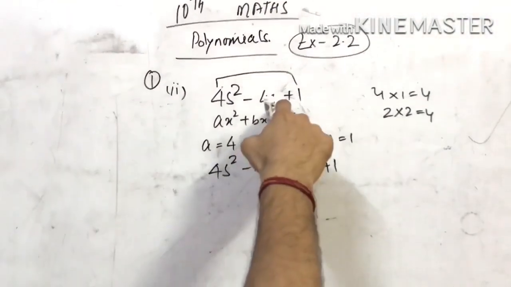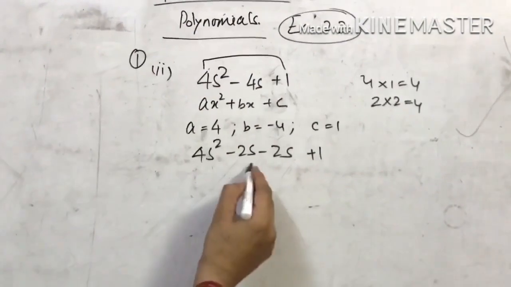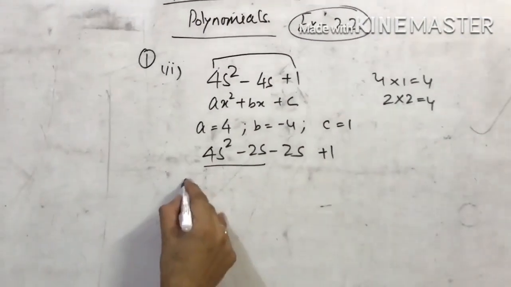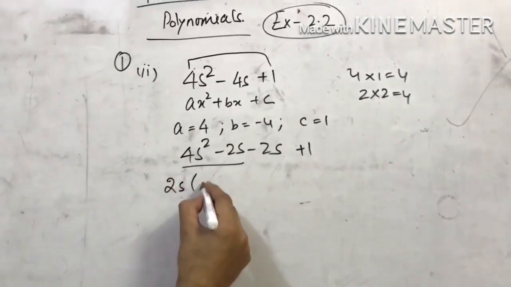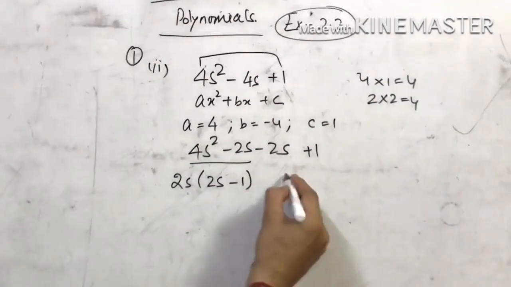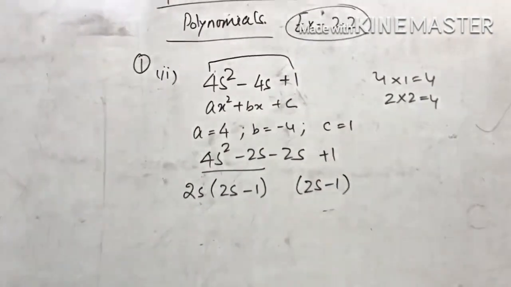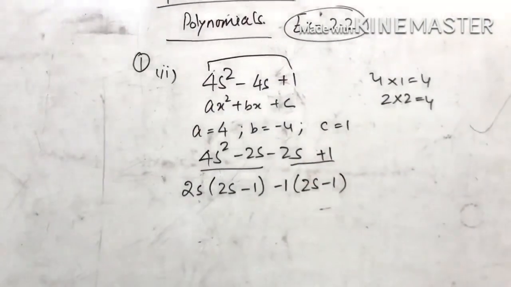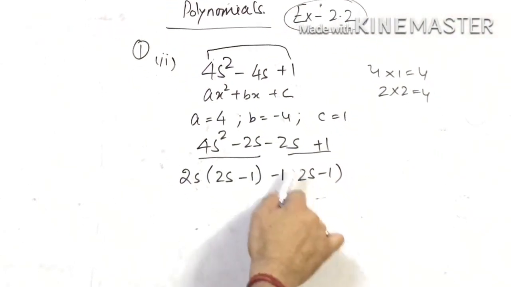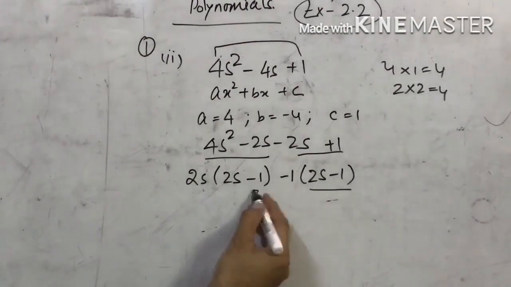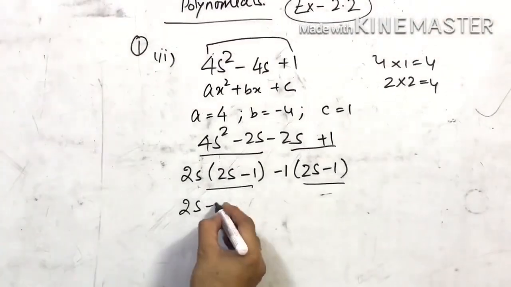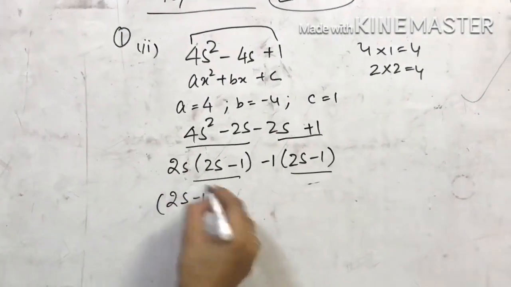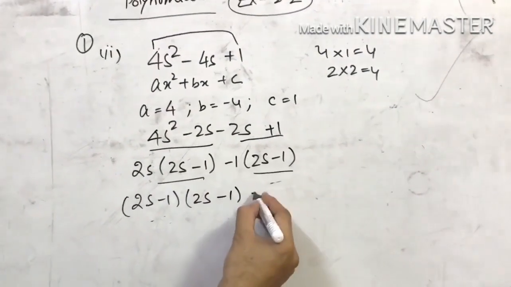Now you can see this equation will become like this. From these two numbers you take common out. Write again the same bracket. Now compare this part with this one. You will come to know you have to put minus 1 here, so that when it multiplies with it you will get this. Now this bracket is common, take it as common. Now rest is 2x and this is minus 1.